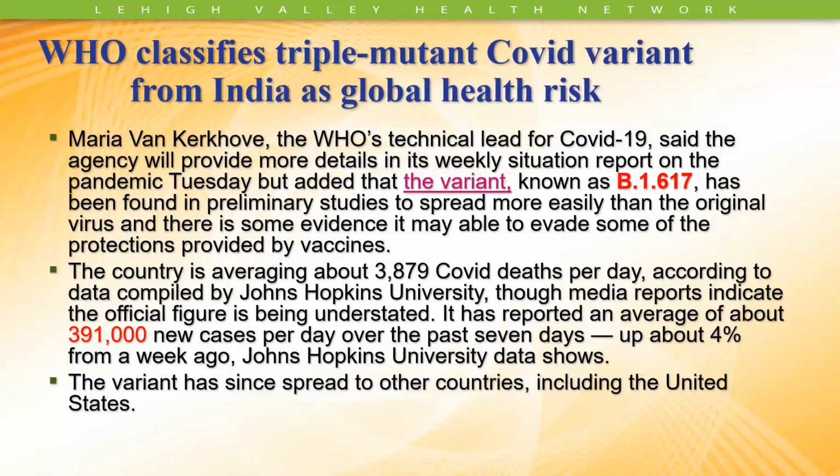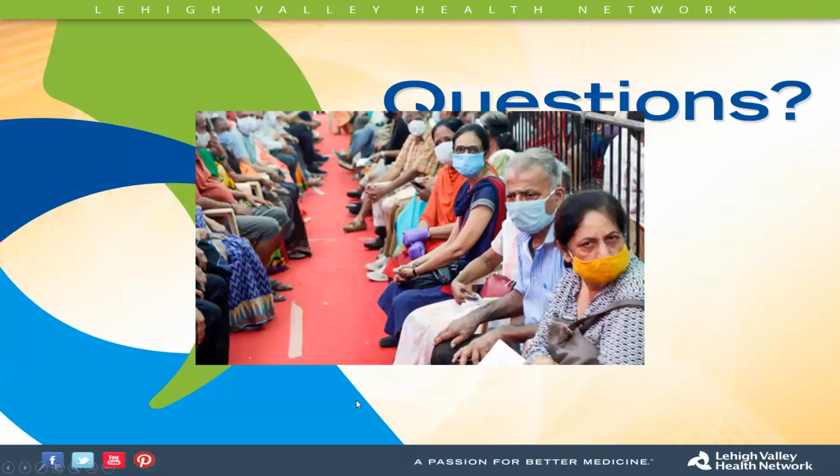They were very, very concerned because in India there were 3,879 deaths per day, and there were almost 400,000 new cases in 7 days. All right. And this variant started to spread to other countries, including the United States, but obviously it didn't really become robust in the United States until last month.